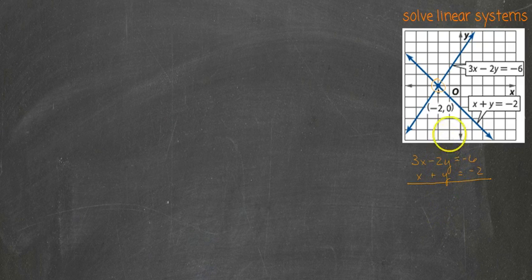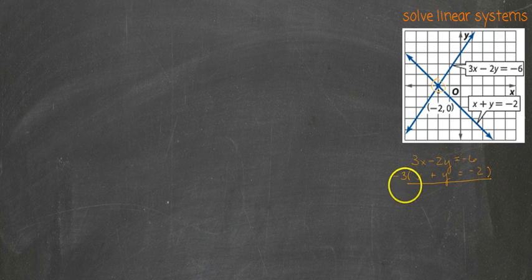I think I could multiply this bottom equation by -3, and then if I added, the x would disappear. Or I could multiply the bottom equation by +2, and if I added, the y's would disappear. And I could do the same thing with a multiple on the top equation, except I would have to use a fraction to get it to be 1 in either case. So I'm going to choose to multiply the bottom equation by -3.